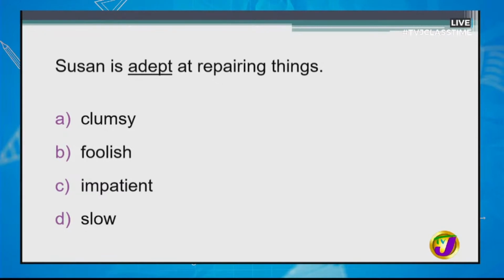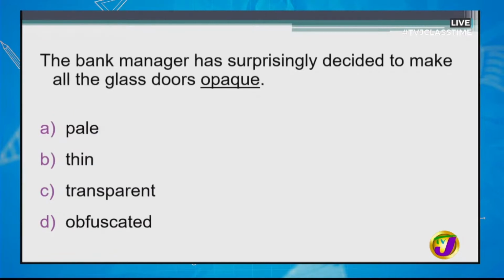If you're not adept at something, then naturally you're clumsy at it. So you are not good at it. You're going to make a mess of it. You're going to make lots of mistakes. Granted, that's how you learn sometimes. But until you overcome those mistakes, you are clumsy at it. You're not quite adept as yet. All right, let's look at the next sentence now.